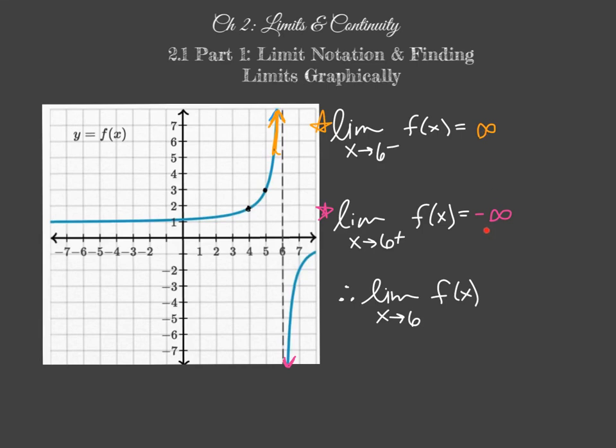Infinity is not technically a number. Now, even though they are different, that doesn't even matter. If they were both just infinity, this would not overall exist because this is not a number. So both reasons the limit doesn't exist is that A, the one-sided limits are not the same, but the main reason is that they don't even exist. They're not actual numbers. So we would say that this overall limit does not exist.